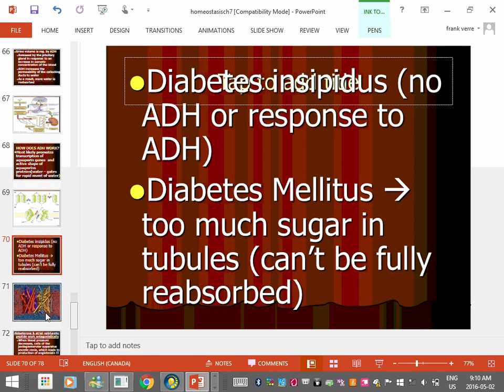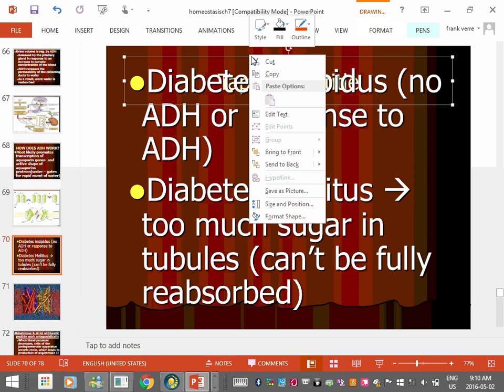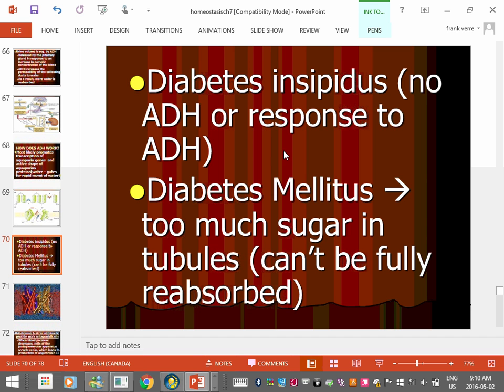Okay. There's a different type of diabetes. It's called diabetes insipidus. Okay. And diabetes insipidus is not the same as diabetes mellitus. Diabetes mellitus, that's type 1, type 2. That has to do with insulin or insulin resistance.